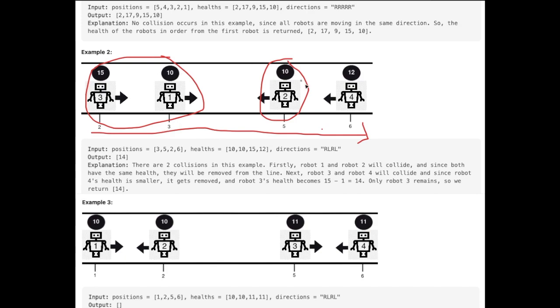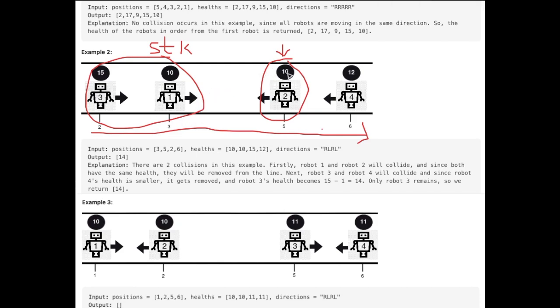So at this point, imagine a stack storing these two. When I'm visiting the current one and it is going left, what does it mean? It means that I have to pop some of the stack, because all the things on the stack are going right.